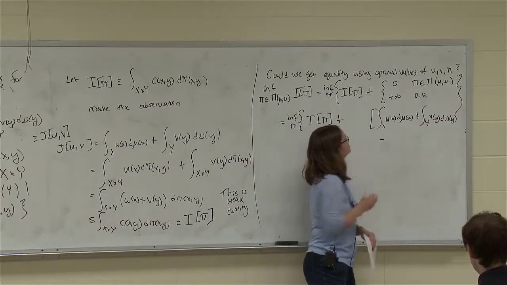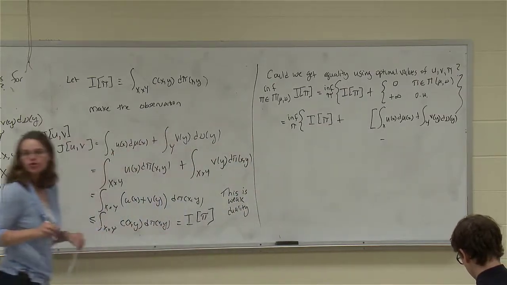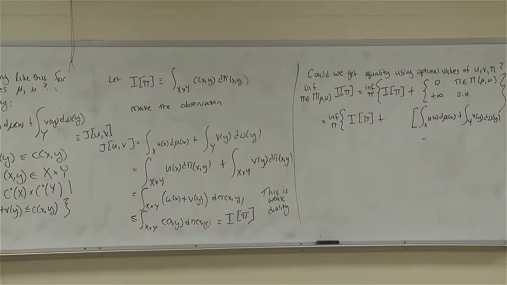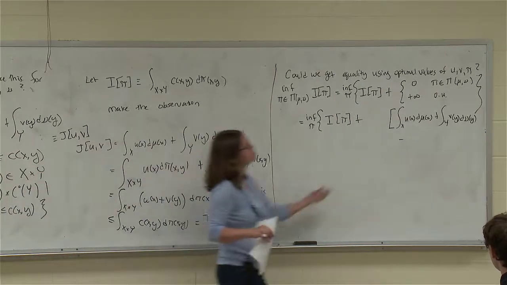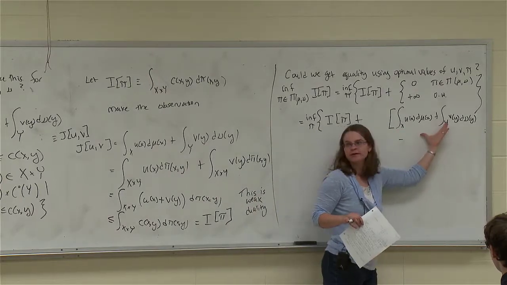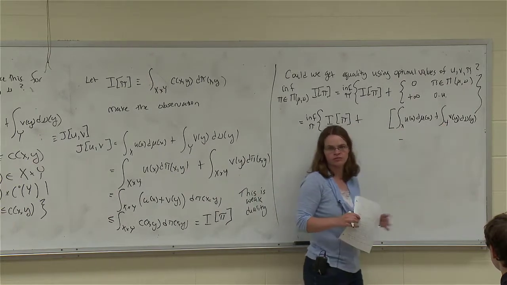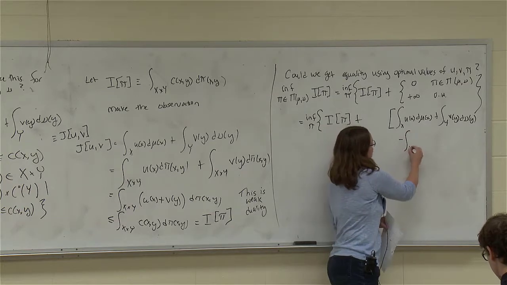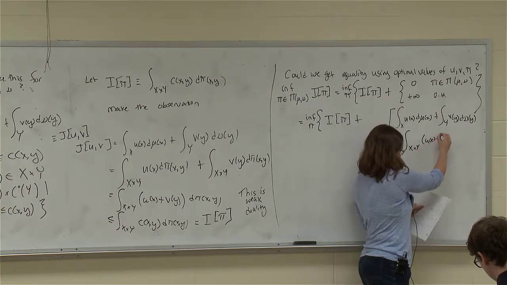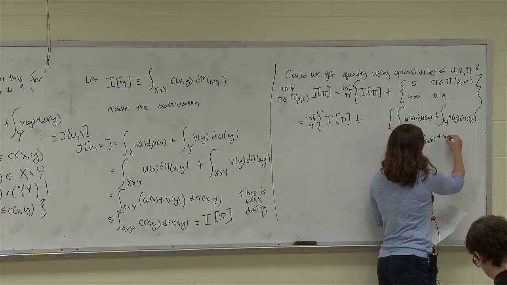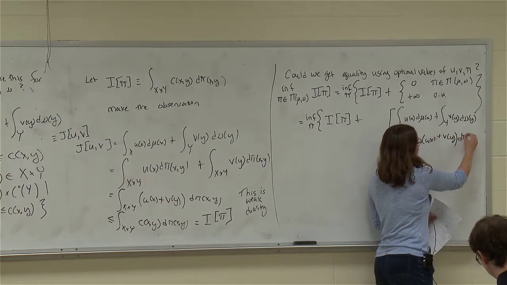So an obvious thing to do is to use a trick that we've already used before and take advantage of the fact that if we're in our feasible set, we have the right marginals. If we have the right marginals, then I could rewrite this combined as an integral over the product space x cross y of u of x plus v of y times d pi.